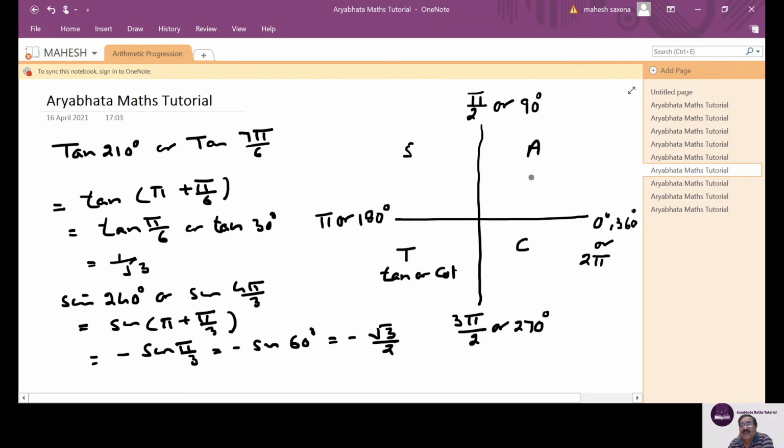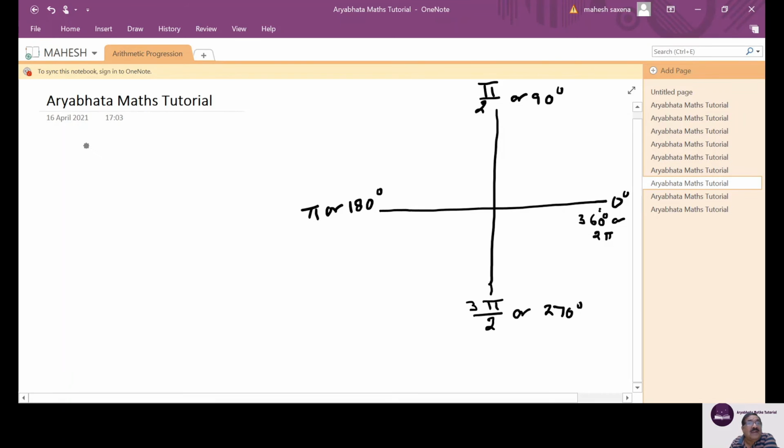Now, similarly, suppose we have to find the value of sec 300 degree or sec 5 pi by 3. We can represent it as sec of 2 pi minus pi by 3.